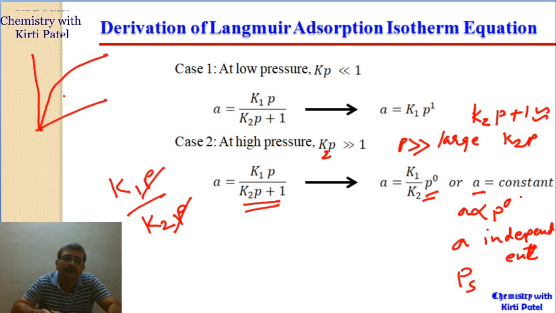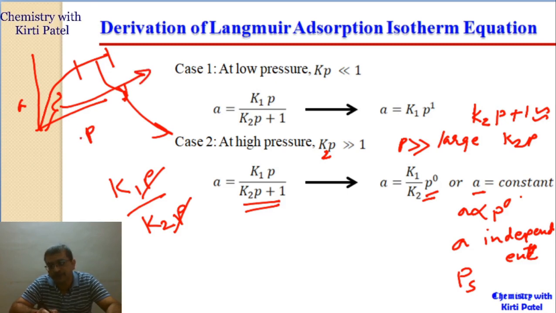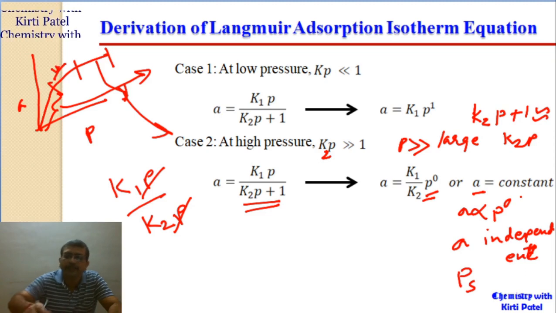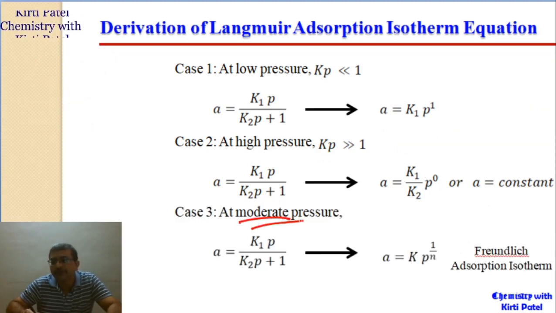In the graph, this particular situation is case 2 at large pressure values, and this initial region is denoted by case 1, while the intermediate region can be denoted by case 3, that is, at moderate pressures.